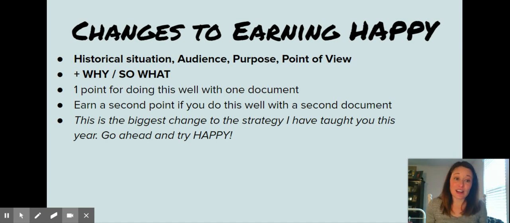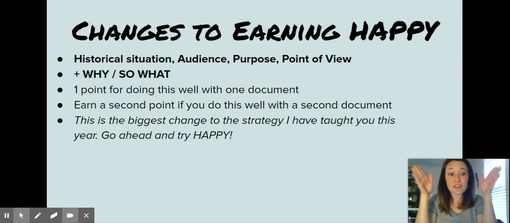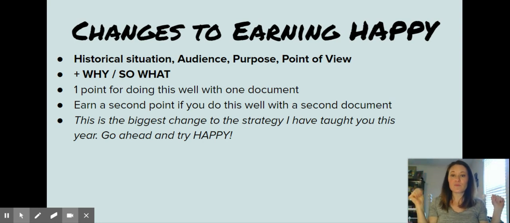And out of 5 documents, chances are there should be 2 documents that jump out at you and say, man, audience and purpose, they matter here. Or, man, this author's point of view, their worldview is so focused on this is how things are and how they should always be that they're not looking at these other things. Or my favorite, here's what this author is saying at this time, and here's what's going on globally at the time that they're saying this.